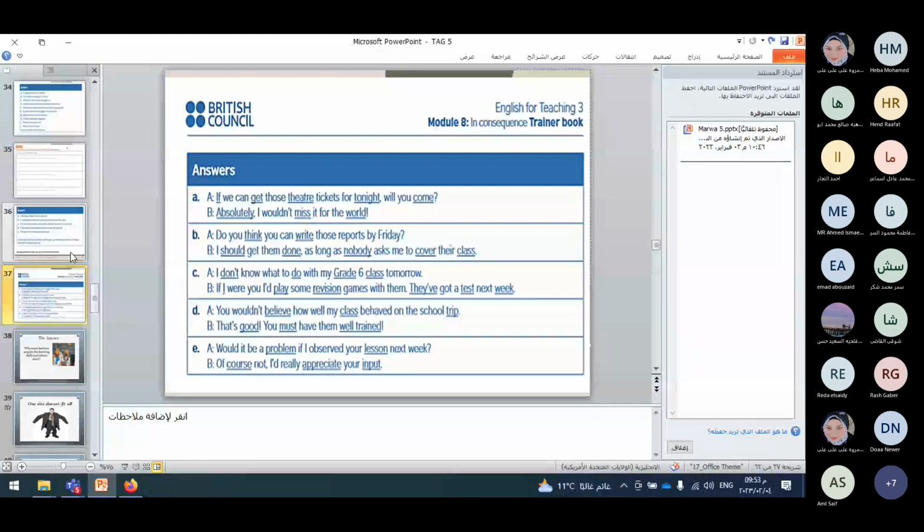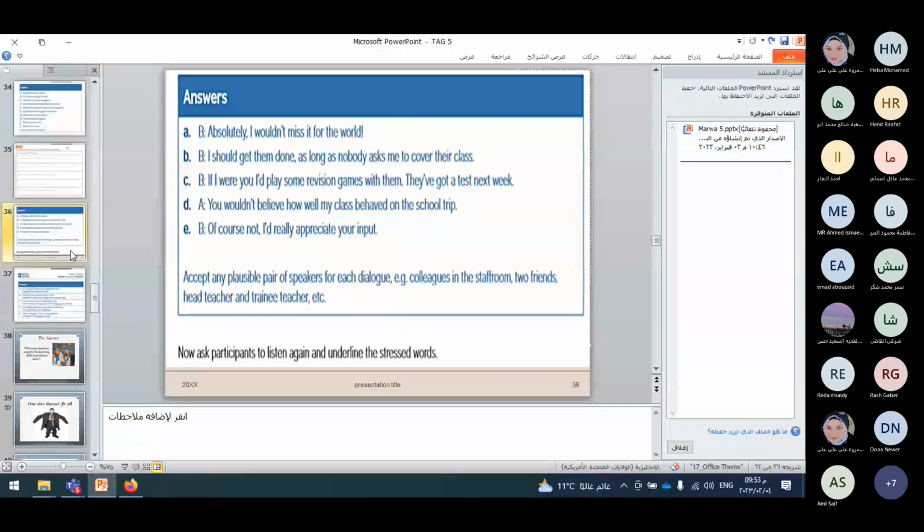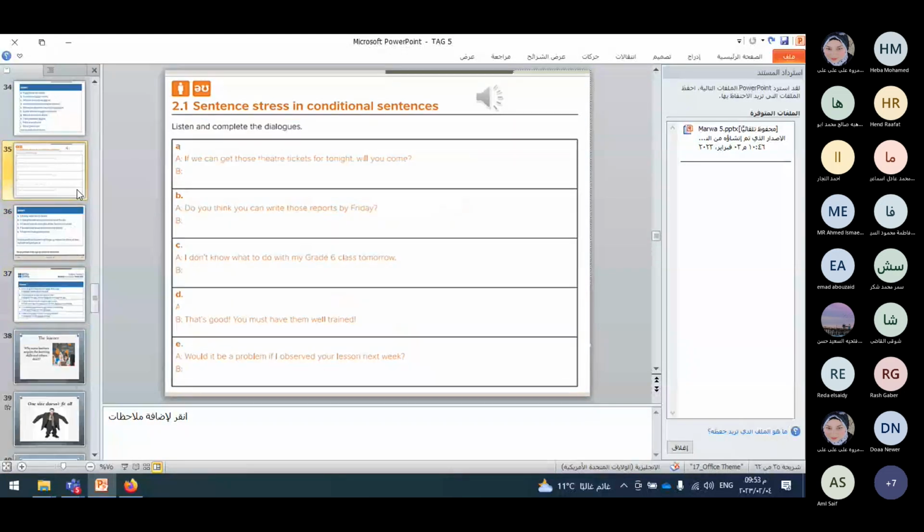Now I want you here, I'll say a sentence. Of course I won't say all the sentences because we are running out of time and I won't keep you too late. We will take maybe half an hour more.